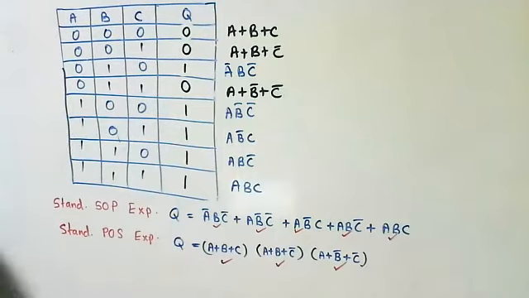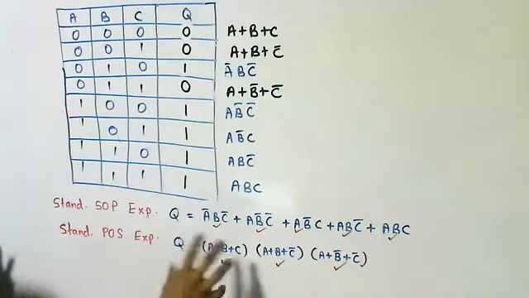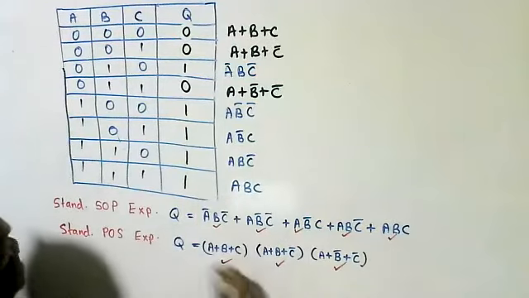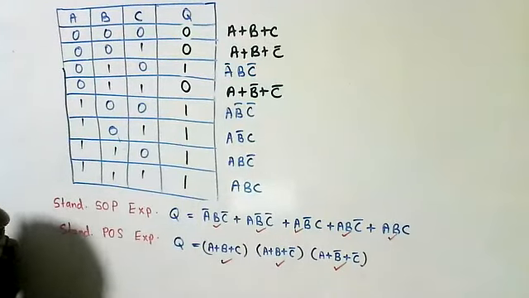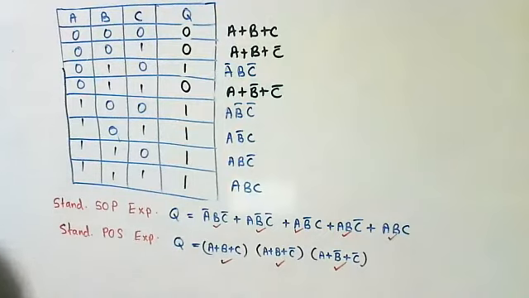Hereafter, we have to simplify this by using Boolean algebra laws, which we discussed earlier. Students, is there any question? Okay, so we have to simplify this using Boolean algebra laws. Already we have discussed Boolean algebra laws.